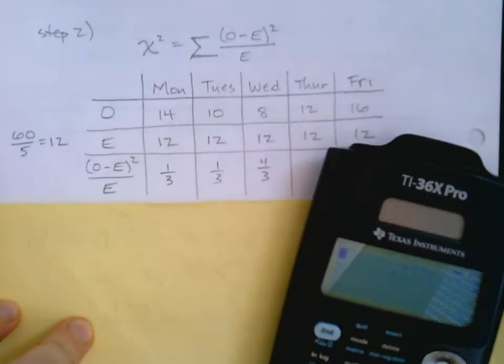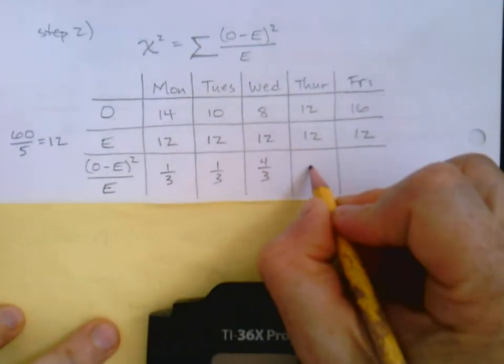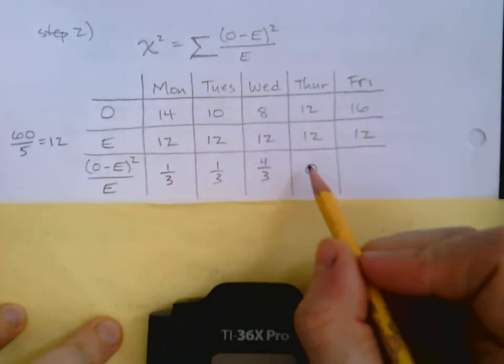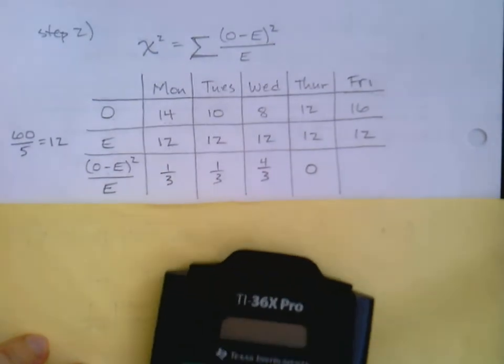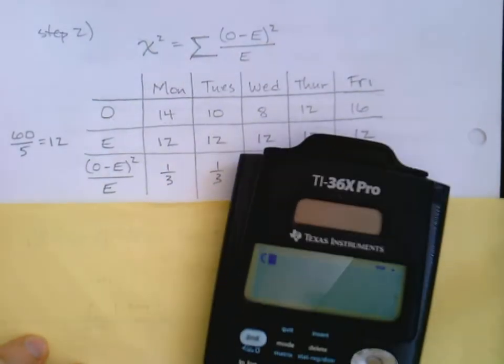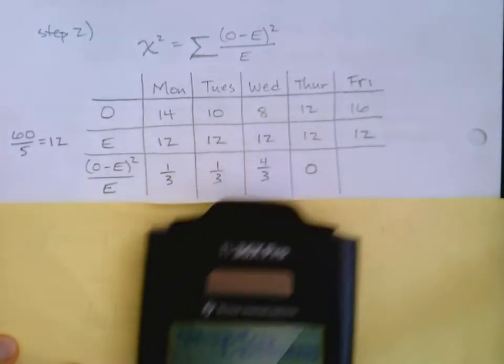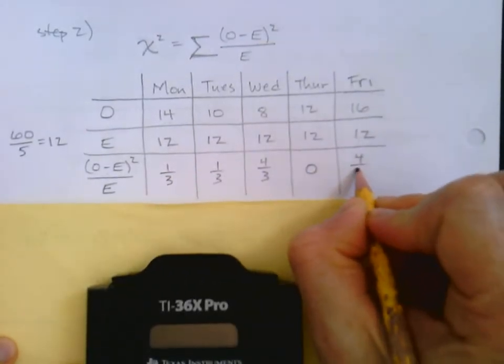You might use decimals here. What's this one going to be for Thursday? 0, because it was perfect, so there's no error. And then finally for Friday, 16 minus 12 squared divided by 12. Again, 4/3, 1.333.